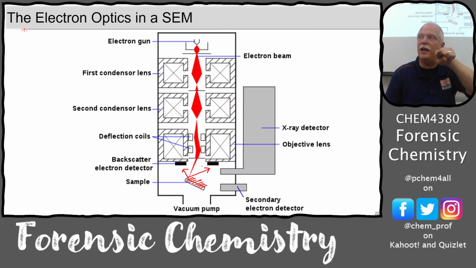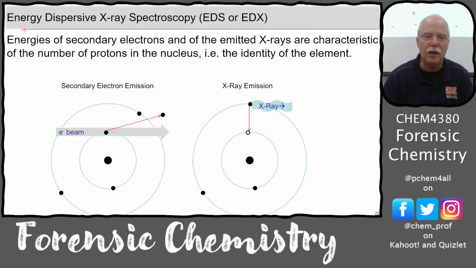If it's hitting a place that has lots of electrons, like a metal, then the electrons stream off that metal. If it hits a place where there aren't a lot of electrons, then it goes dark. So you can scan across the surface, and the metals are bright because they give lots of secondary electrons, and other places are really dark. You just stream that beam across the top, and you get a black and white image. So the electron beam hits an atom here.